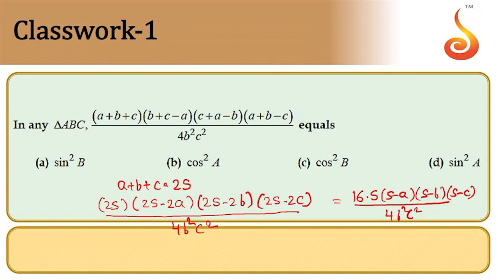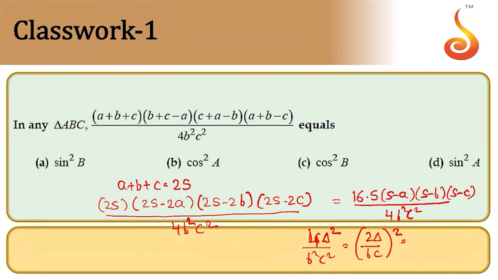But what is this? This is nothing but 16 delta square by 4B square C square. The 4 also cancels, so this becomes 2 delta by BC whole square.